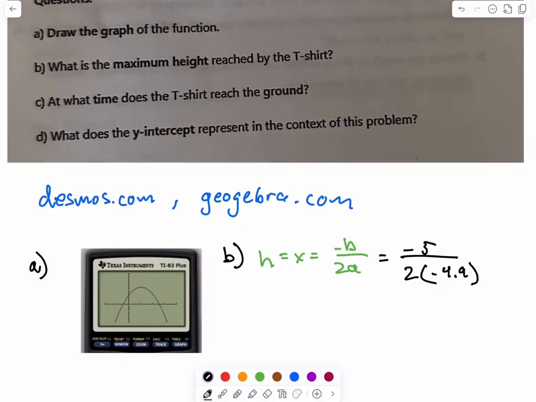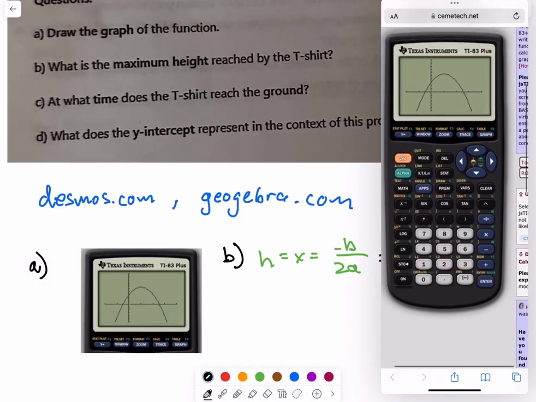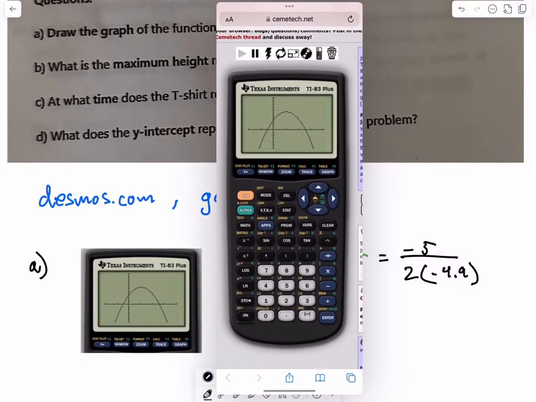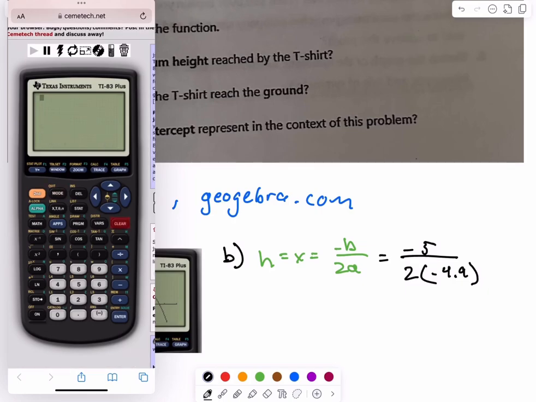Then we just need to calculate that. This will give us the x-coordinate of the vertex. Then we take our answer and plug it into the original to find the corresponding y. It looks like we have a double negative, so it's going to be positive 5 over 2 times 4.9.